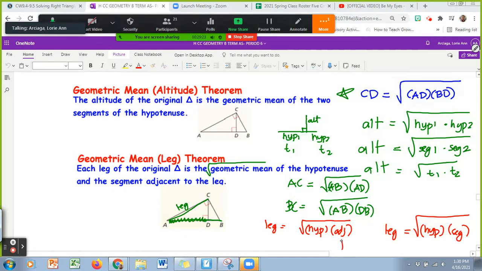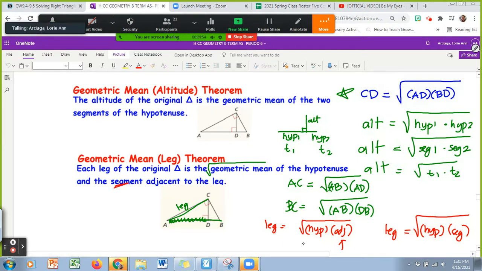I like the adjacent better than segment because it reminds you that you have to use the adjacent segment of the hypotenuse. Because there's two segments, the longer segment and the shorter segment. So I kind of like the use of adjacent better.